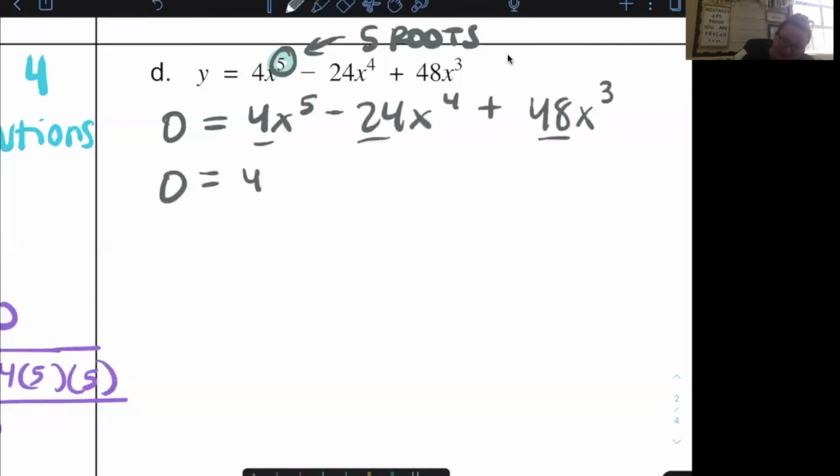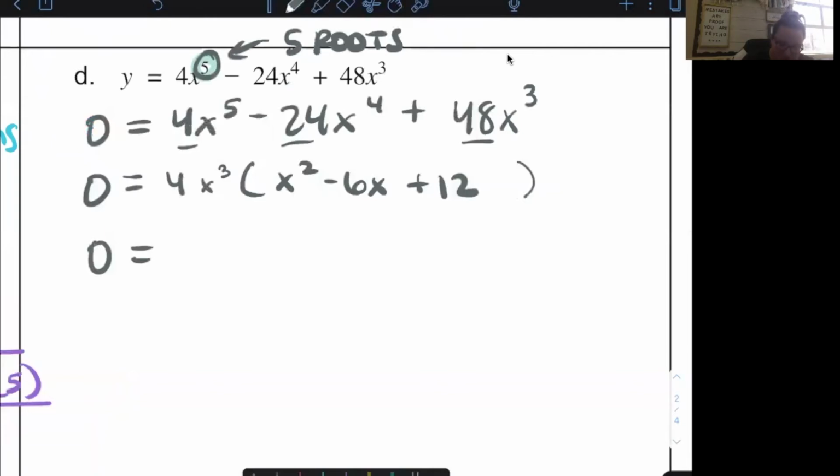I notice that all of these have at least 3 x's, so I'm going to factor out an x cubed as well. Let's see, 4x cubed times x squared would get me x to the 5th. 4x cubed times negative 6x would get me negative 24x to the 4th. And then 4x cubed times 12 would get me 48x cubed.